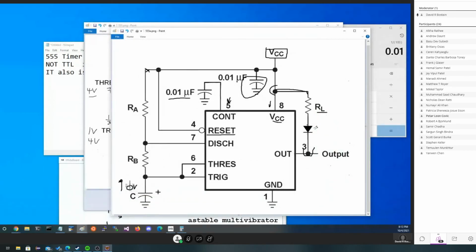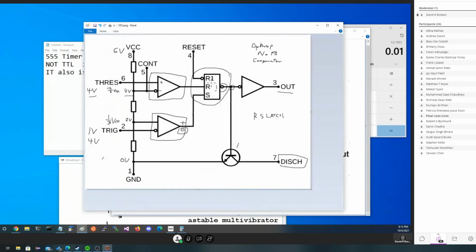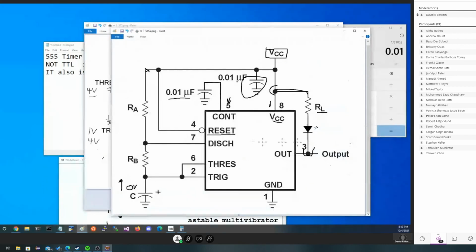The capacitor charges, keeps charging until it gets up to, in our case, 4 volts. At 4 volts, we're going to measure 4 volts here. The threshold is going to be equal to the value we're measuring. And then it's going to pass it slightly, and it's going to push the button right here. Reset will occur. Because it's reset, this will go high, the output will go low, transistor will turn on, discharge will turn on.